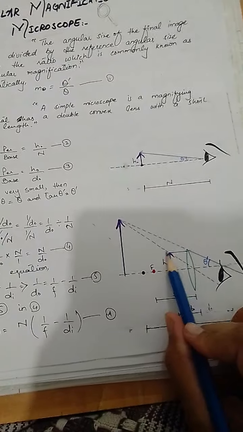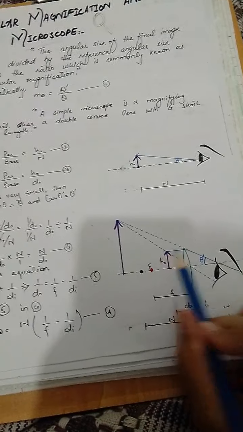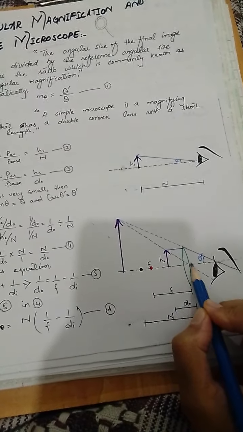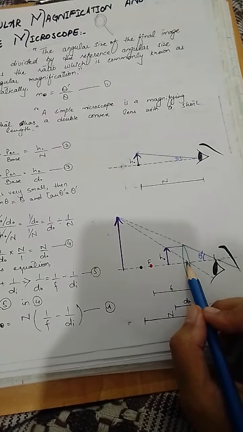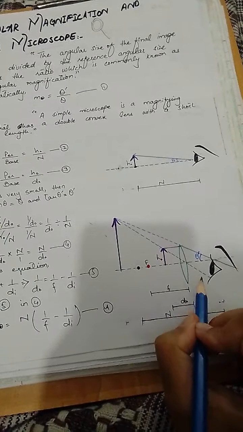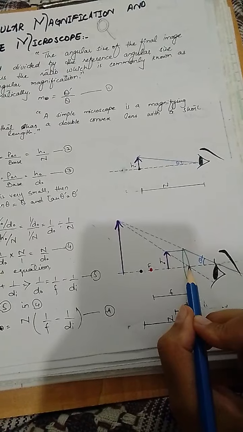And what is the C ray, or the O ray? The O ray passes right through the center and continues to travel in a straight line without any refraction.